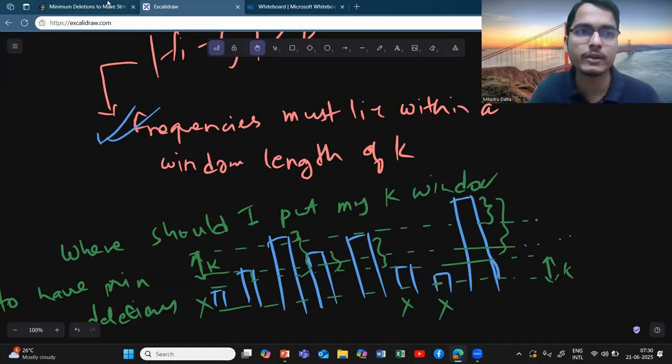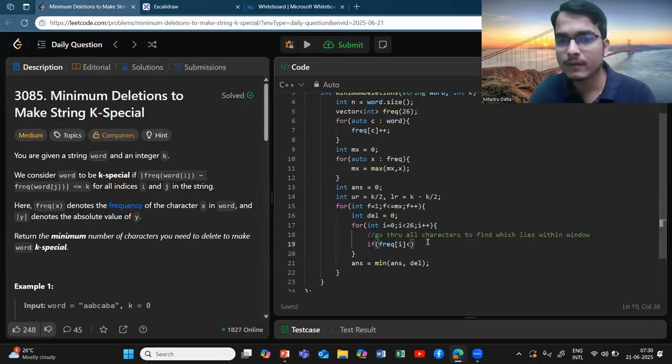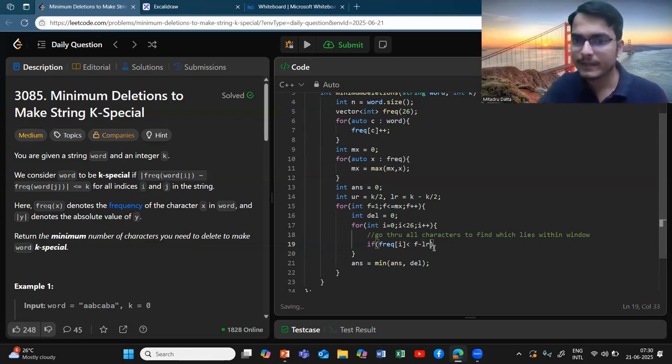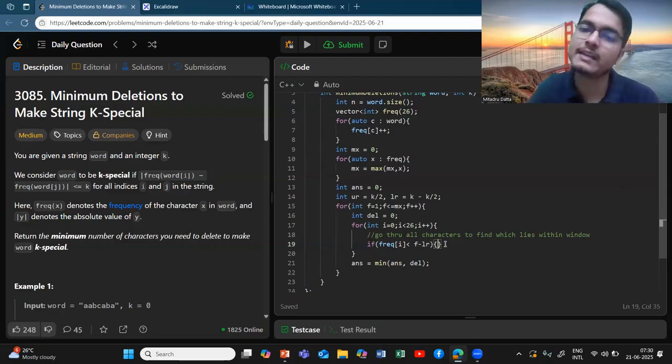what the case I am taking is that if my frequency completely lies below the window, so it means that my frequency is less than this f minus lower limit, right? Yeah, f minus lower limit. You can understand this easily. So f minus lower limit, this frequency is lying even less than that.